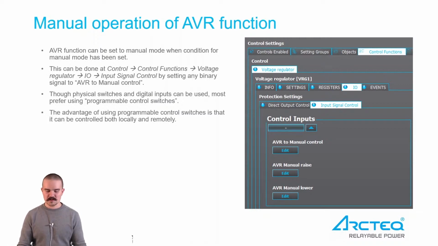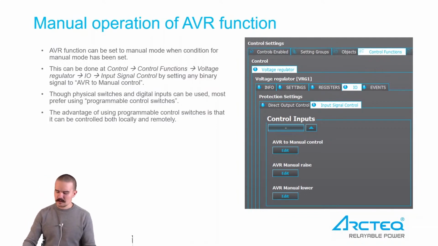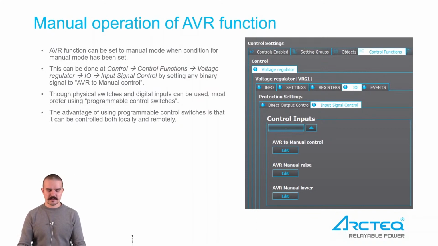set some digital input that is then maybe connected to some kind of switch or a button, but this is not really advised in case you want to use some remote connection to change between automatic and manual control modes.